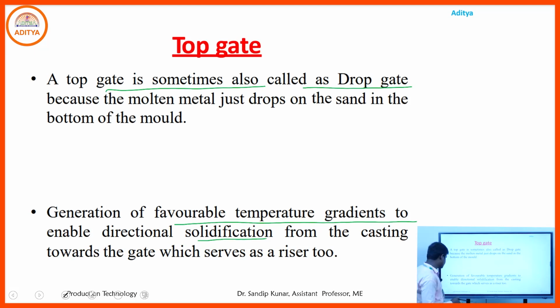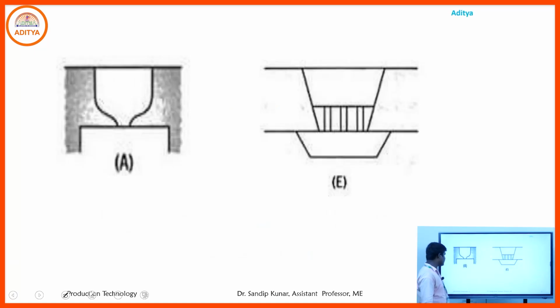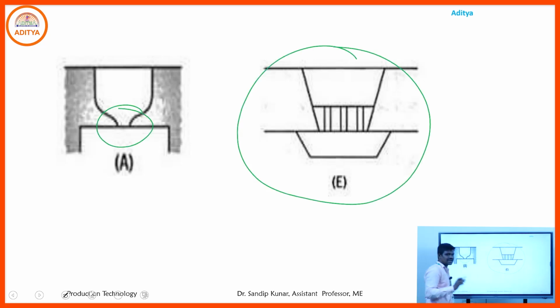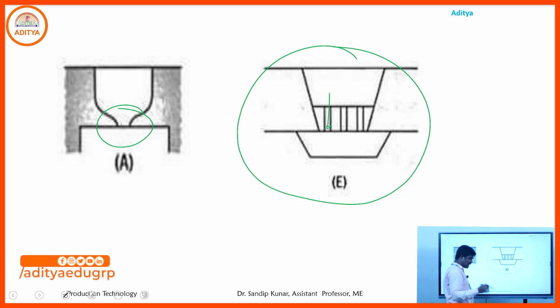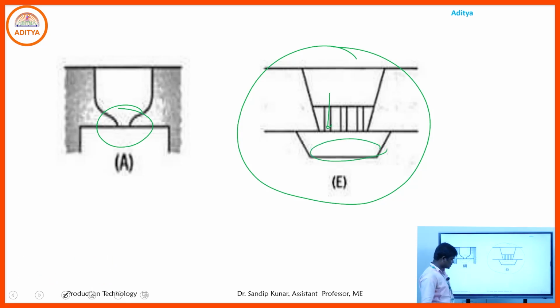Here are some examples of top gates, shown in the picture. If the molten metal comes through that gate, it will come directly to the mold cavity at the bottom portion.